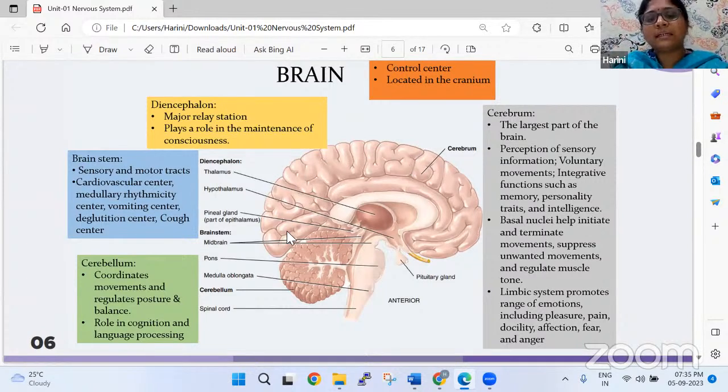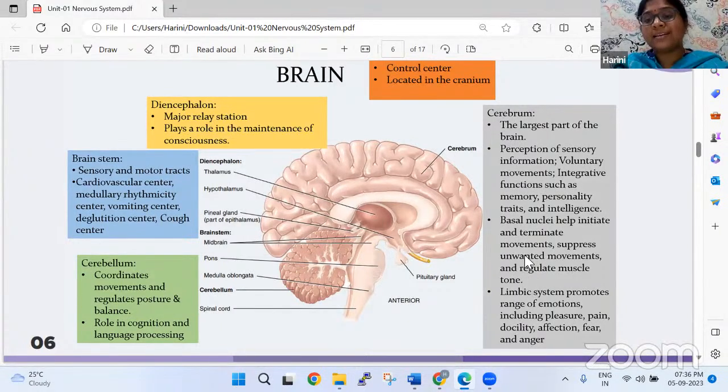All these make up the cerebrum. It consists of the cerebral cortex, white matter, gray matter, and nuclei, which coordinate various actions. It also consists of basal nuclei, which are mainly involved in movements. As I've already told you, the cerebellum is involved in the majority of movements, but a few parts of the cerebrum are also involved in movement and regulate muscle tone.